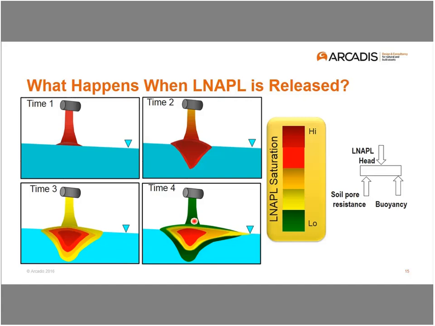All of the drainable LNAPL has drained out of the vadose zone, but there's some residual oil, gasoline, diesel, whatever, that's left in the pore space in the vadose zone. And then also there's a rind of residual level saturation LNAPL around a higher saturation core of the LNAPL body.